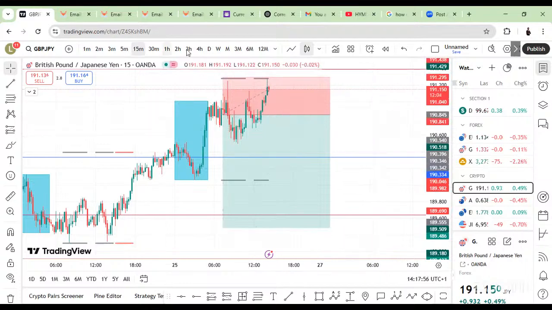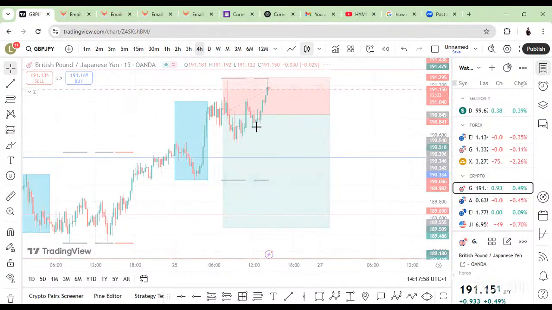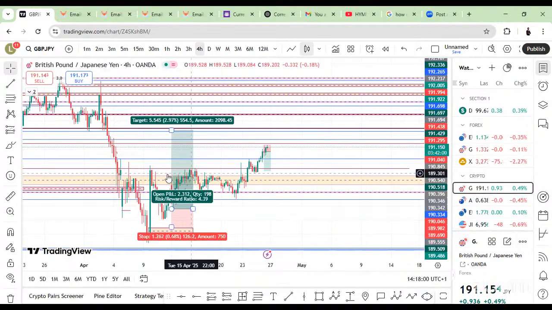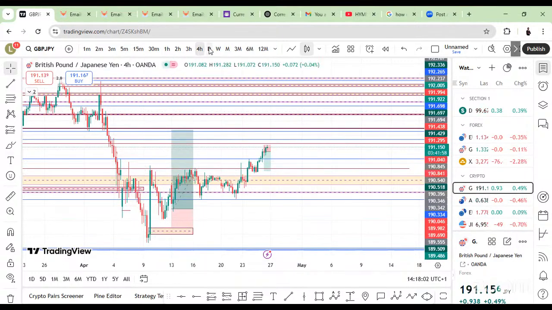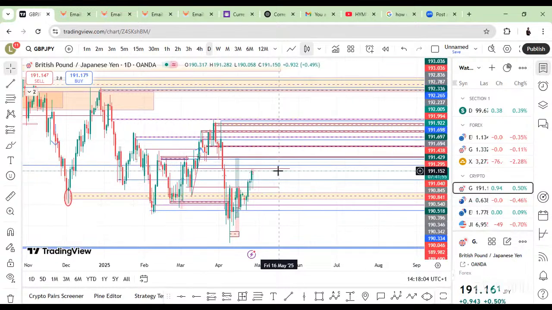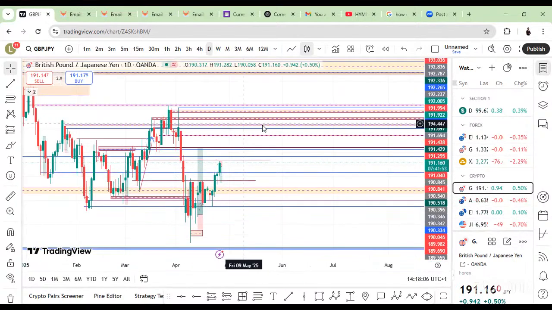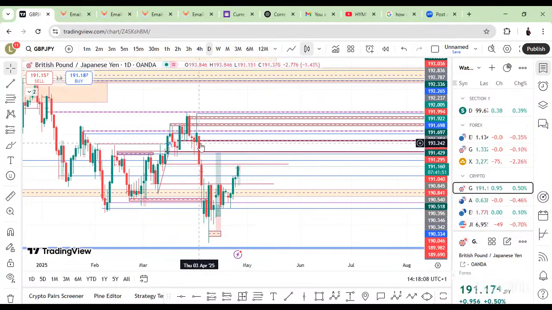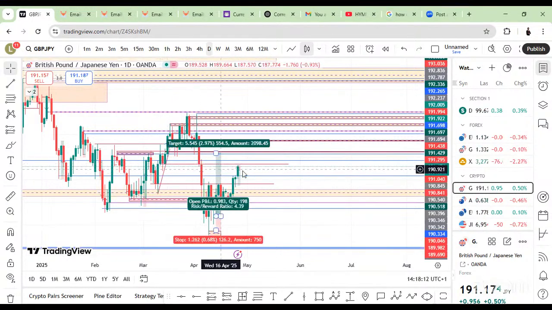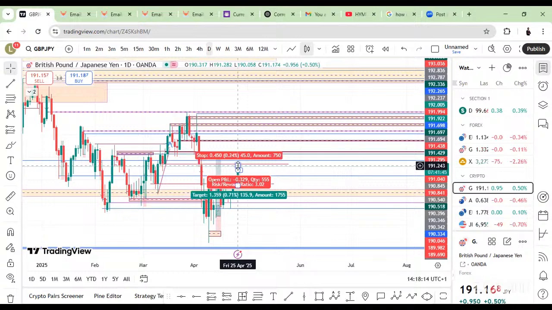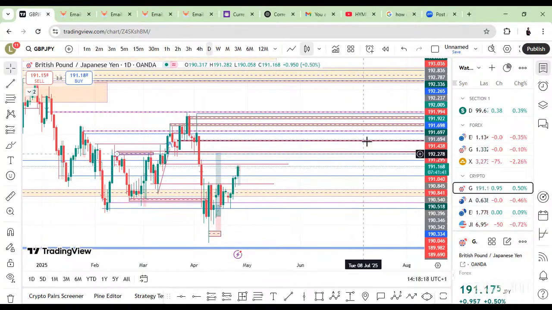And for GJ, if this setup is being violated, then that means price is still coming to the general view that we have here, meaning it's coming all the way into this daily order block here. But because of this flip zone that we have here, that is what gave us the pre-information of the market execution for this morning on GJ.